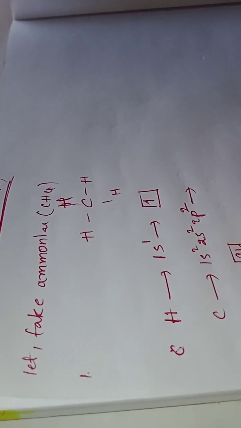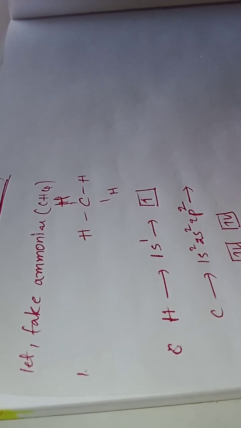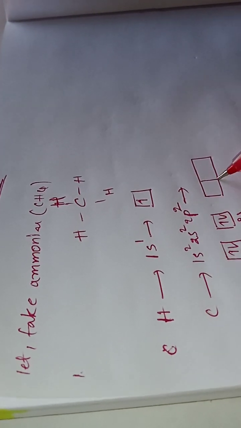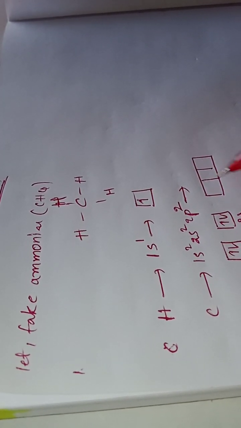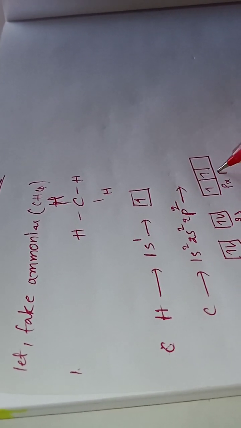That is, 2 electrons in the 1s orbital, 2 electrons in the 2s orbital, and 2 electrons in the 2p orbital, which are px and py.